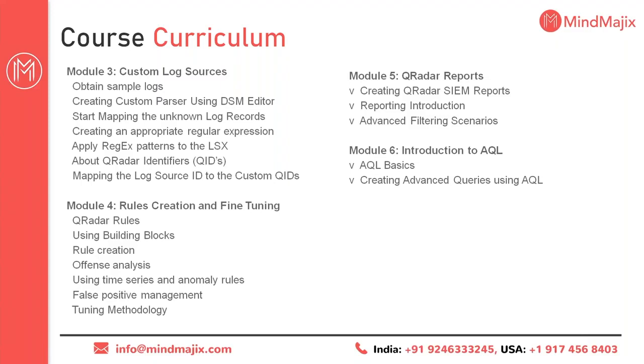This is the proper functionality of a DSM. Let me correct myself: DSM is Device Support Module. For each device normalization, we have a dedicated DSM in QRadar. For example, if two operating systems, Windows and Linux, are operating in your organization, then two DSMs are working for the normalization of the Windows and Linux logs.